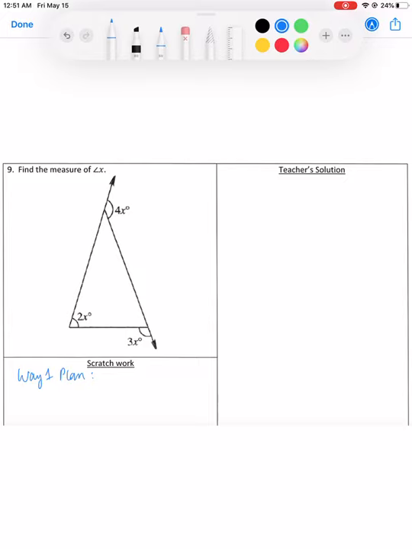My way 1 plan is I need to make an equation with x, the x terms, and set equal to like 180 or 360. In order to associate them together, this section is about triangles, so we have the interior angles of triangles available to us. We also have exterior angles. So let's start with the first one though.